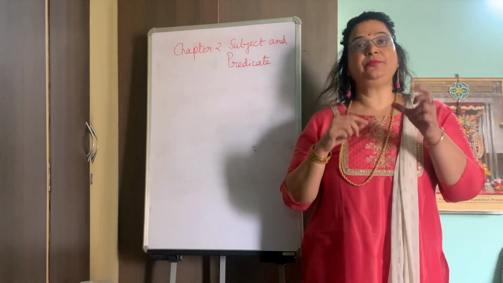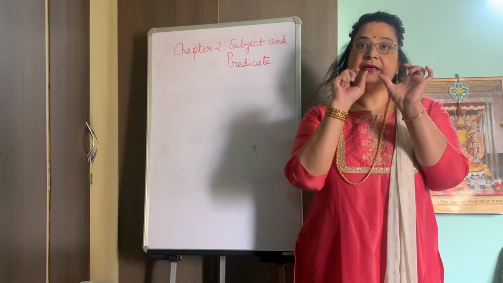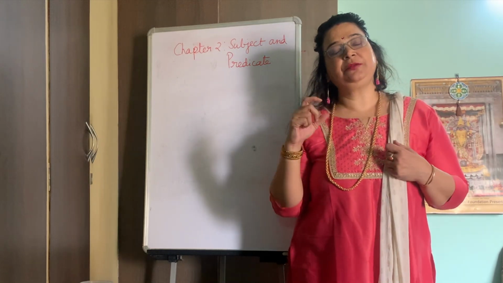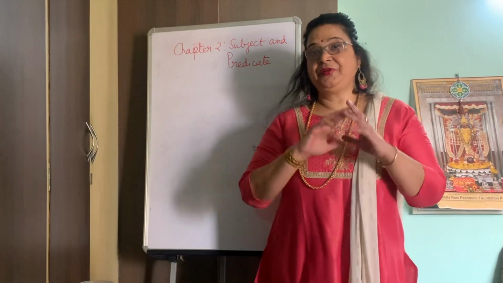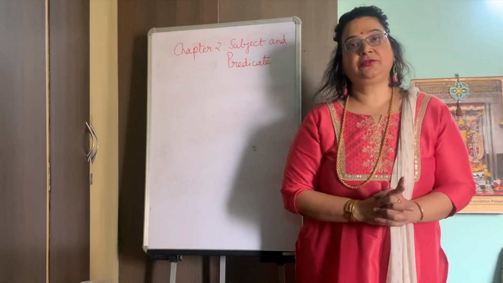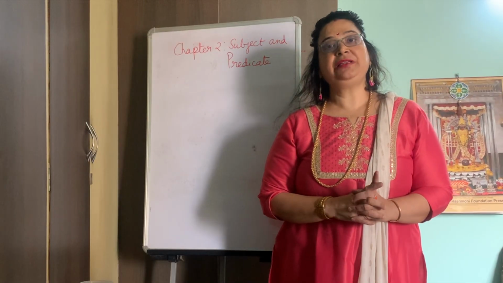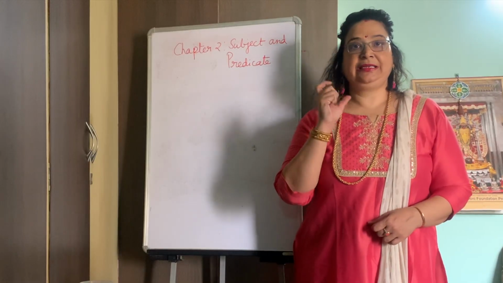It may not be only a person; it may be one word or a group of words, and the rest is called the predicate. The predicate usually has the verb in it.